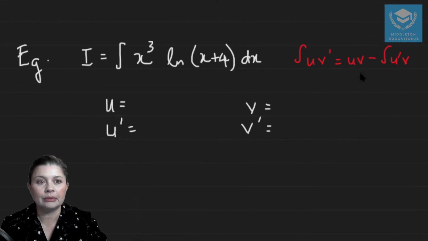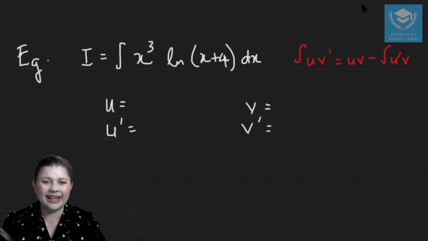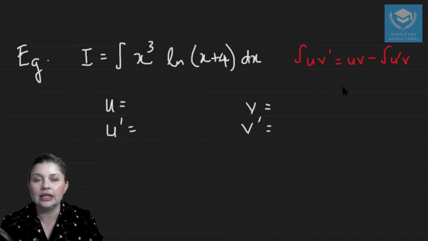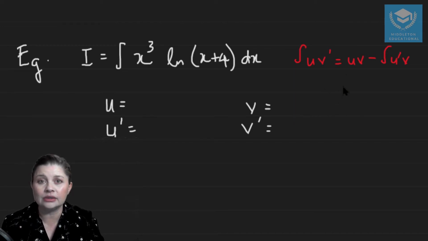So you remember that's your formula. Now this formula is usually on your formula sheet, but if you do it enough times you remember it. You don't need to look at the formula sheet. So the question really is, what is u and what is v dash?